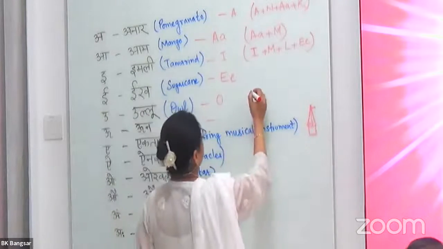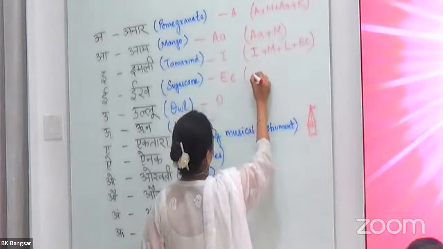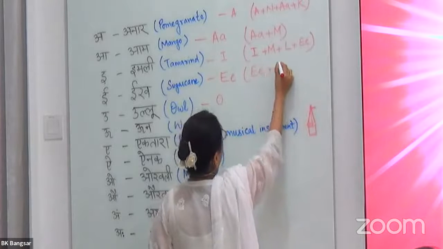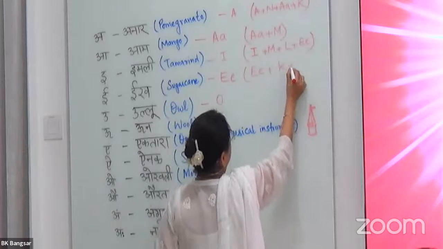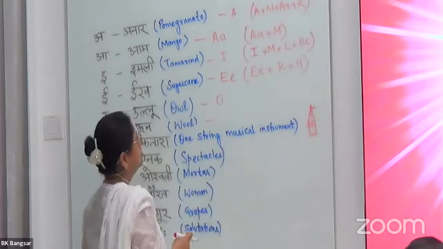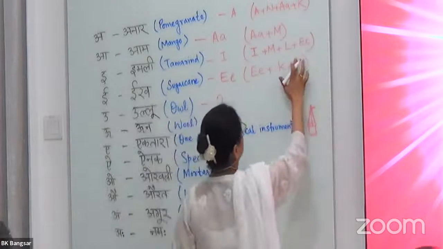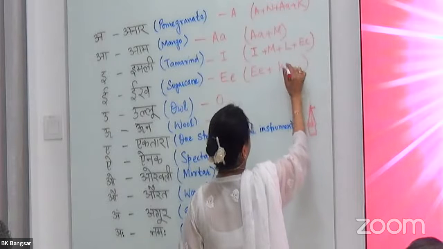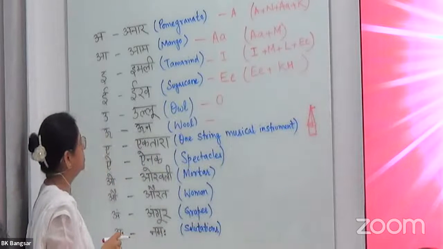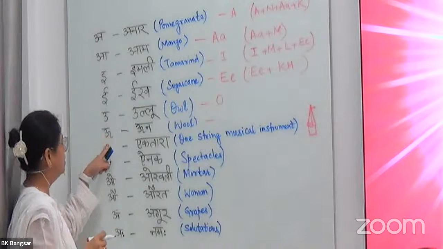Right? If you pronounce, okay, wait. E. Eek. Actually, k is this. KH. Eek. Okay.